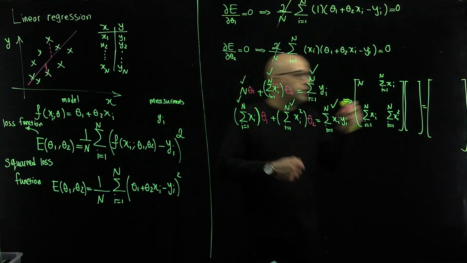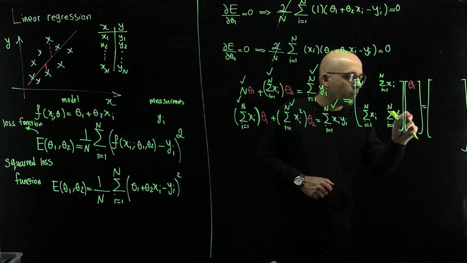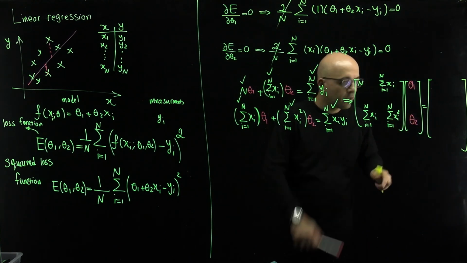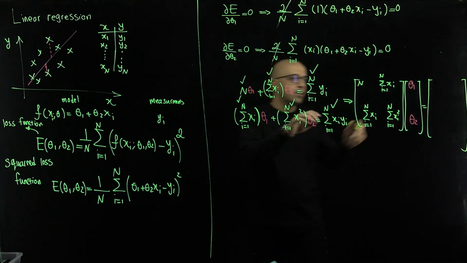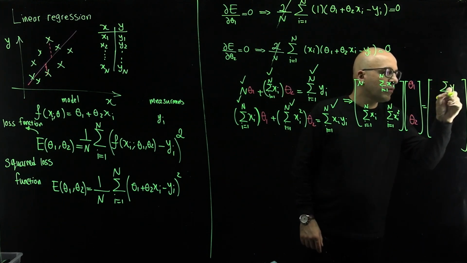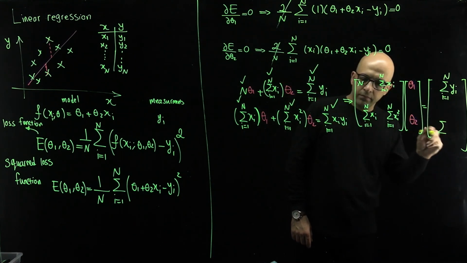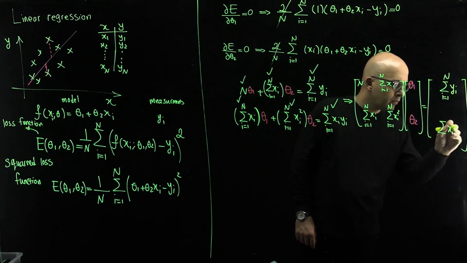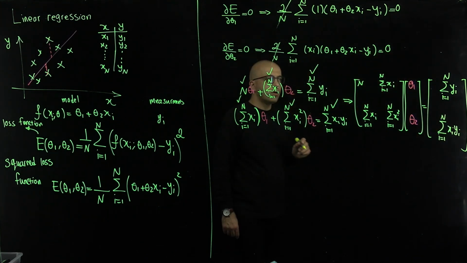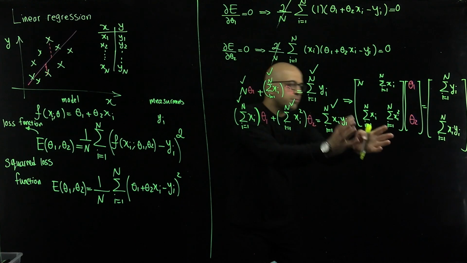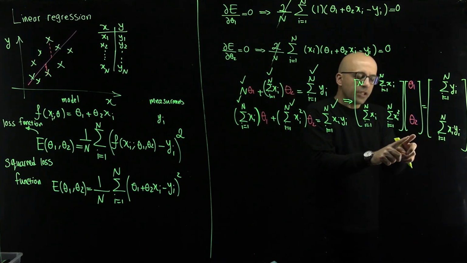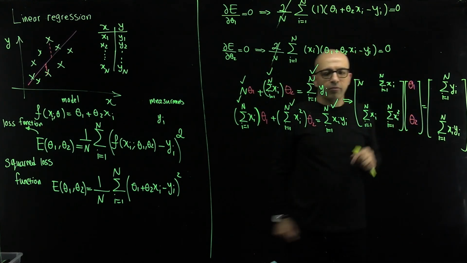The unknown vector is theta 1, theta 2. And the right-hand side, I'm just rewriting these terms here. Okay, so like I said, this matrix is known, this vector is known. The only thing that is unknown is the vector of parameters.